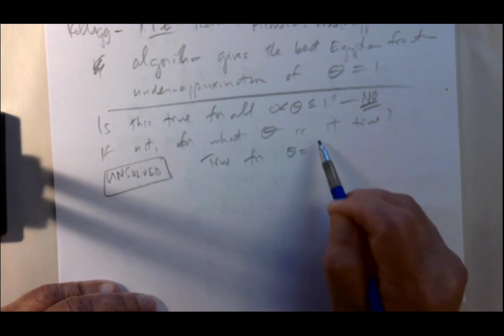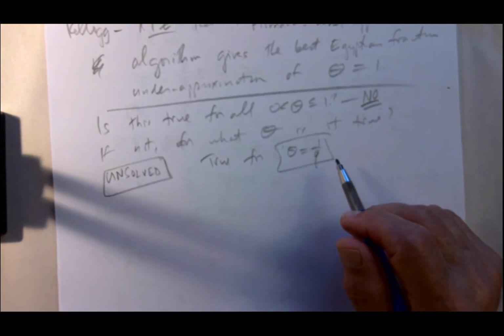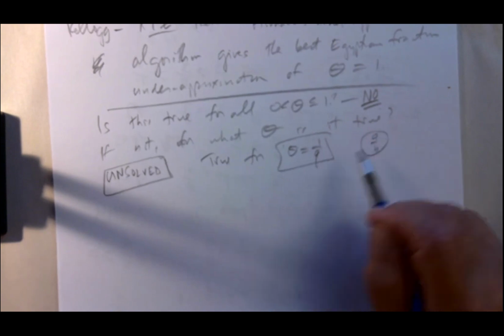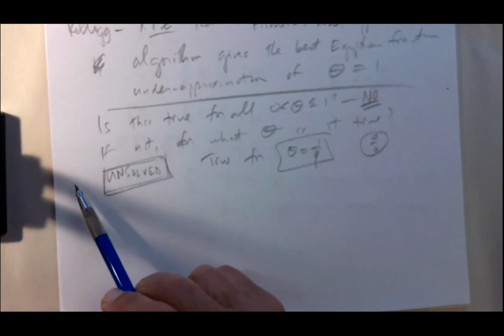If you take theta equal to 1/q, the greedy algorithm always gives you the best under approximation. And there are a number of other results. In fact, in the Takenouchi paper, he has some results about certain fractions A/B. But as far as I know, the complete list isn't known. This really is an interesting question.